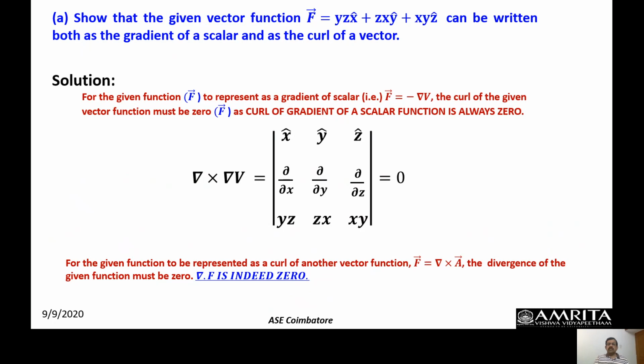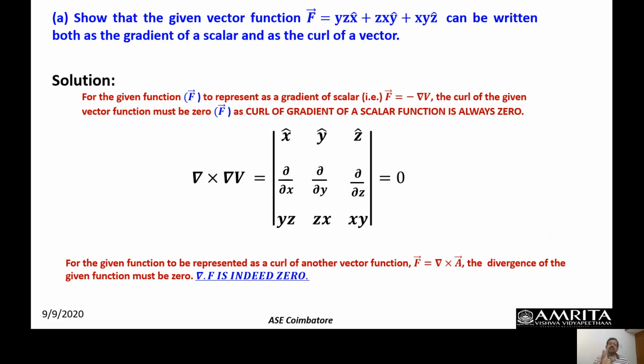For example, if V is xyz, and I take the del V of that xyz, I will get yz x hat plus zx y hat plus xy z hat, which will be my F. But alternatively, if I use xyz plus some constant K, and I try to do that, I will still get the same vector function. So my potential function is not unique. Okay, so that is the answer that I am proving here.